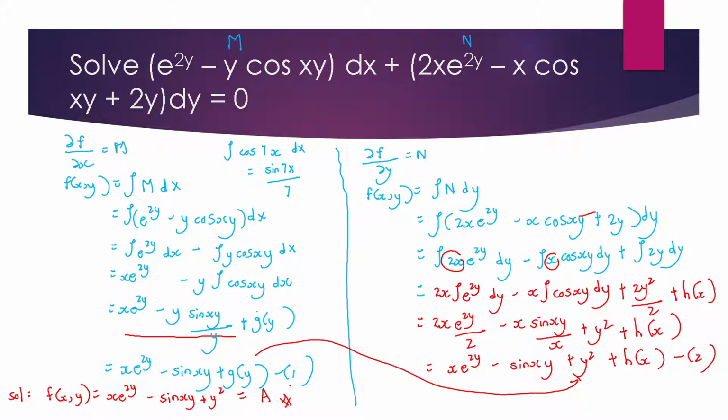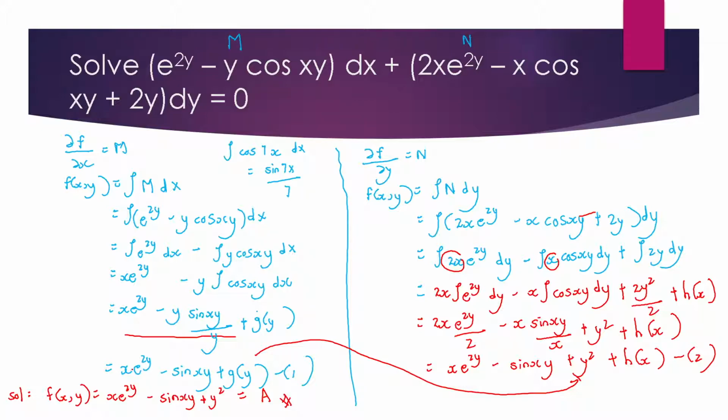Done. If you start from equation 2, then you have x e^(2y) minus sin(xy) plus y squared. h(x) is a function of x. Whether you start from equation 1 or 2, you get the same three terms. To get h(x), you look at equation 1, only the term with x only.